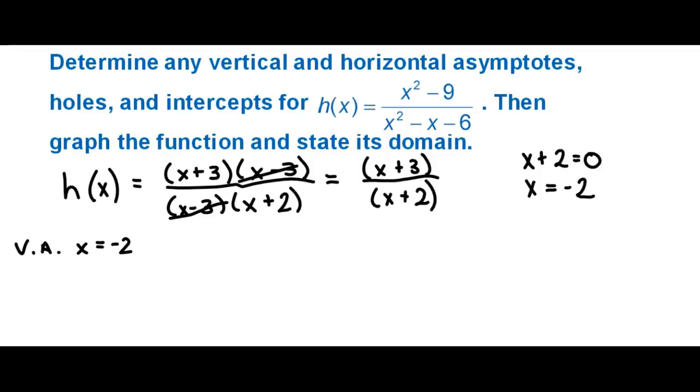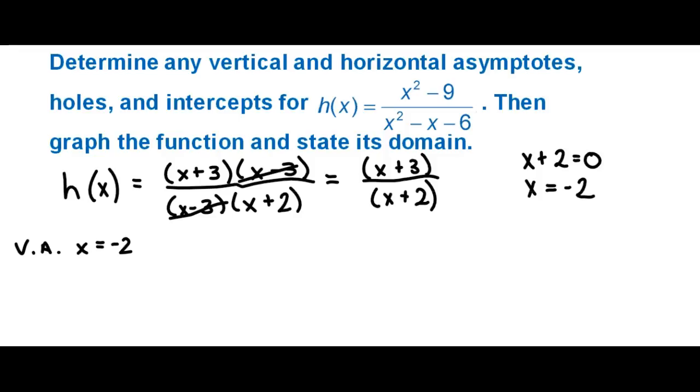So then for our horizontal asymptote, remember, we have to compare the degree of the numerator with the denominator. And in this case, they're the same. So what that means is you have a horizontal asymptote that is the fraction of the first term in the numerator, in other words, the term of the highest degree, over the term of highest degree in the denominator. You're looking at the coefficients of each of those.